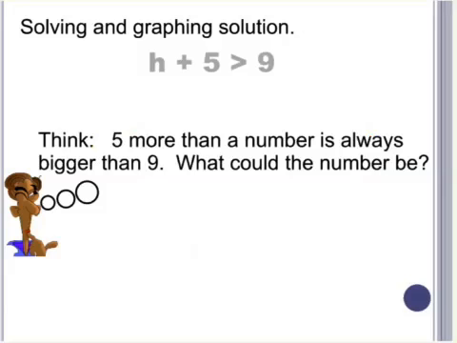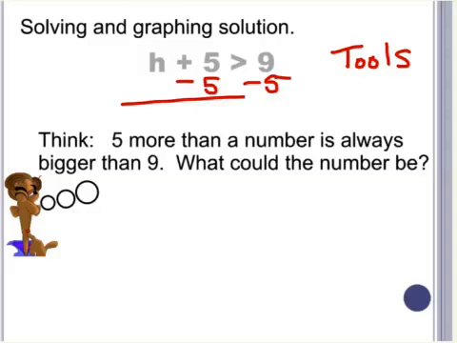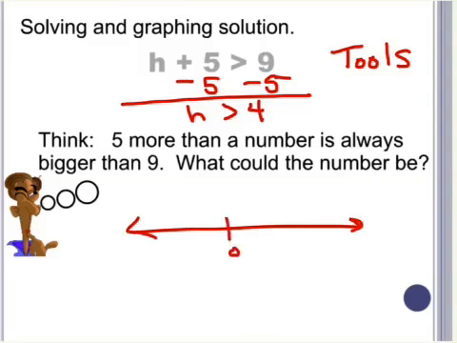Sometimes you need to solve the inequality first, and we're going to use the same tools that we used when we were solving algebra equations. So we are going to subtract 5 on both sides. Here I'm subtracting 5. We get h is bigger than 4. We then draw a number line. Here's 0, here's 4, here's negative 4.